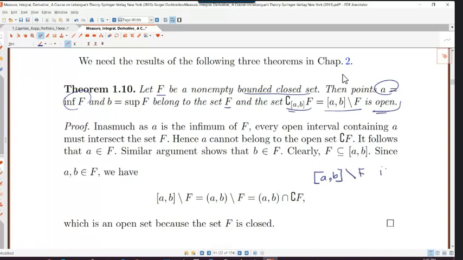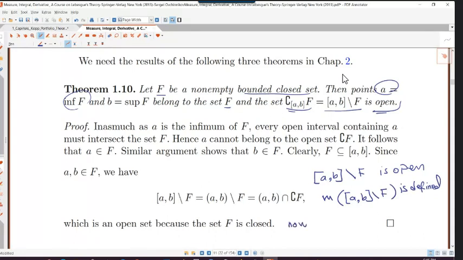So we define the measure of any open set. So the measure of a to b minus F is defined in the previous section.